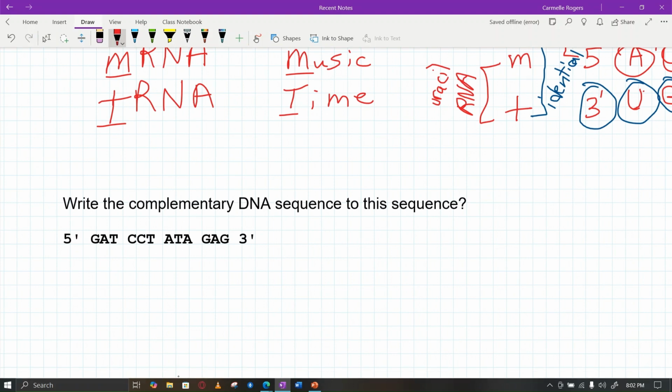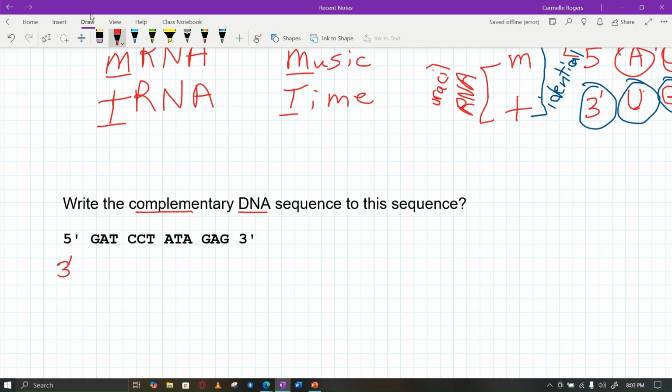With this one, it's pretty straightforward. They don't give you whether it's coding, template, mRNA, or tRNA, but the hints here are that it's complementary and that it's DNA and not RNA. Okay, so we know it's not going to have any U's because it's DNA. Now we're going to follow the anti-parallel rule. If the given strand has 5', its complement is going to have 3'.